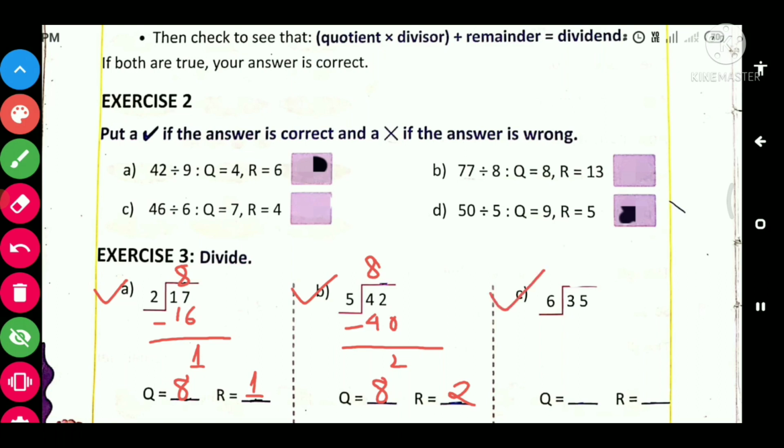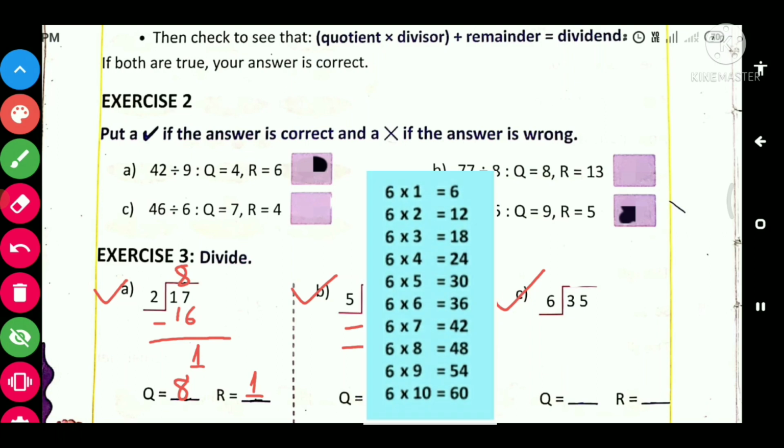Okay, now see C part. So 6 is there, so we have to recall the multiplication table of 6 and we'll find 35. If 35 is not there, then we'll find a number which is slightly smaller than 35. So 6 fives are 30, we know that, right? 6 sixes are 36, which is bigger than 35. We can't take the bigger number, we'll take the smaller one.